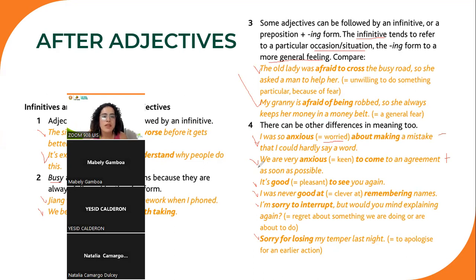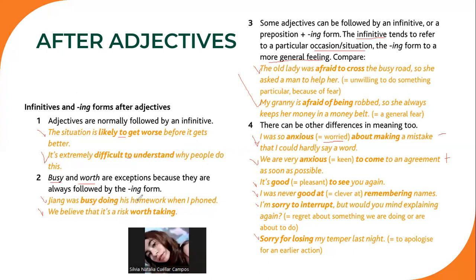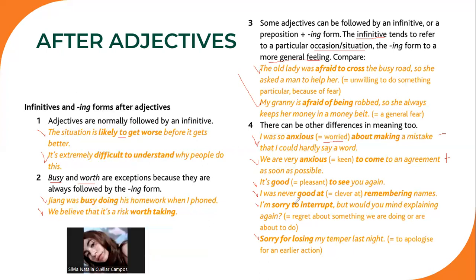Okay? Silvia, do you mean about sorry? You're asking me? Because I was reading the sentences, and I don't know. I feel that maybe I was never good at remembering names, so I think remembering names is something more general than specific situations.